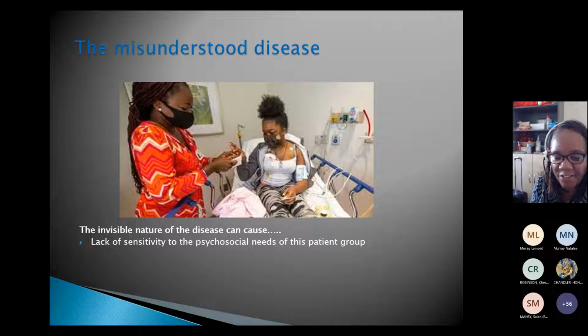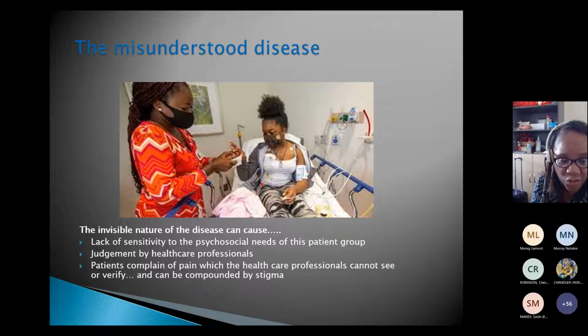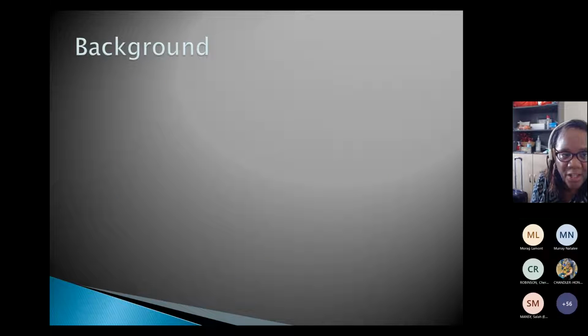So there's a lack of sensitivity to the psychosocial needs of this group of patients. The judgment, sadly, from healthcare professionals when patients complain of pain, which sadly healthcare professionals cannot verify or see. Therefore, unfortunately, that's how they feel in terms of being stigmatized.